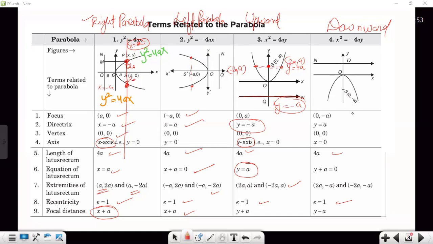Similarly, for downward-facing, some things change, only the signs. Very logical change.